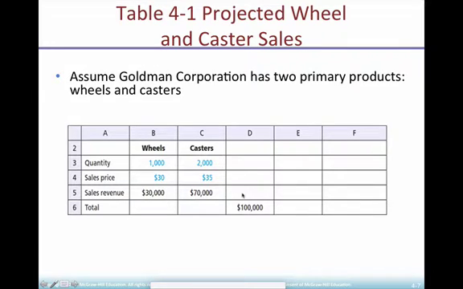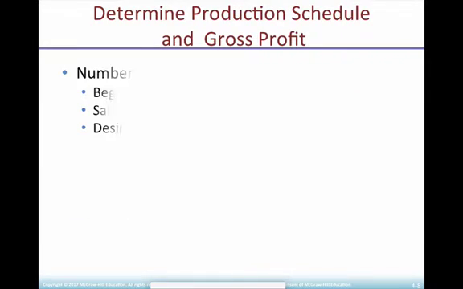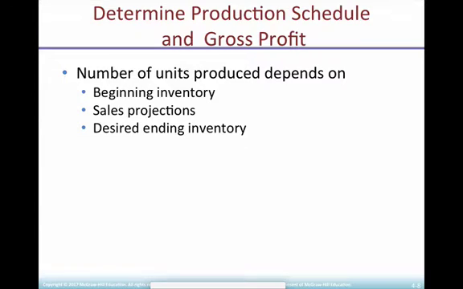Then we have to figure out the production schedule based on the previous slide, how many units I want to sell. Now on this one, we try to figure out how many units we have to produce of each good. So to be able to calculate the production schedule, we have to consider beginning inventory in units, sales projection in units, and how much I want to end up in ending inventory.